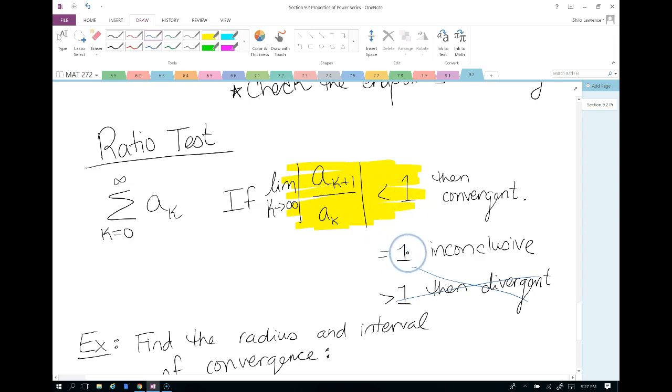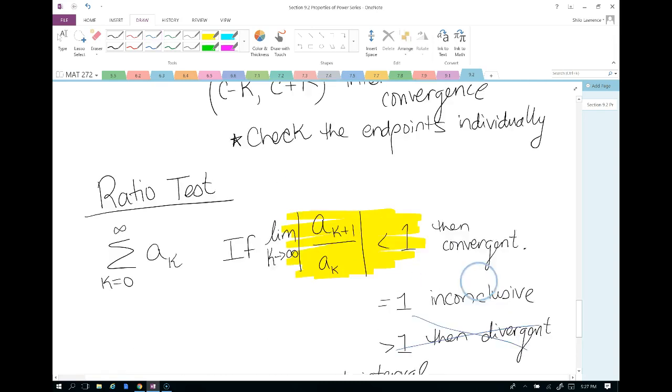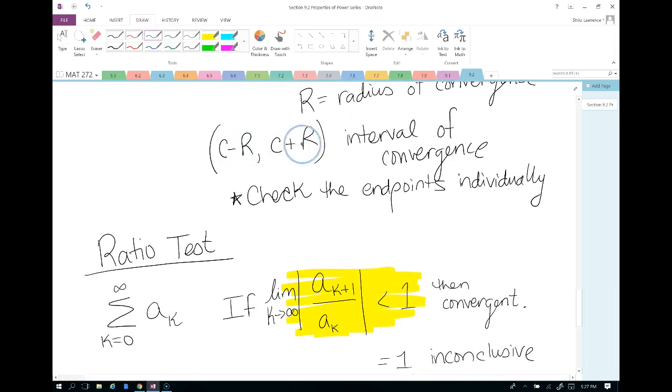We also need to analyze what's happening when it's equal to 1, and that is exactly the endpoints of that interval of convergence. C minus R would make this ratio equal -1, and then with the absolute values change it to +1, and then C plus R would make it equal to +1.